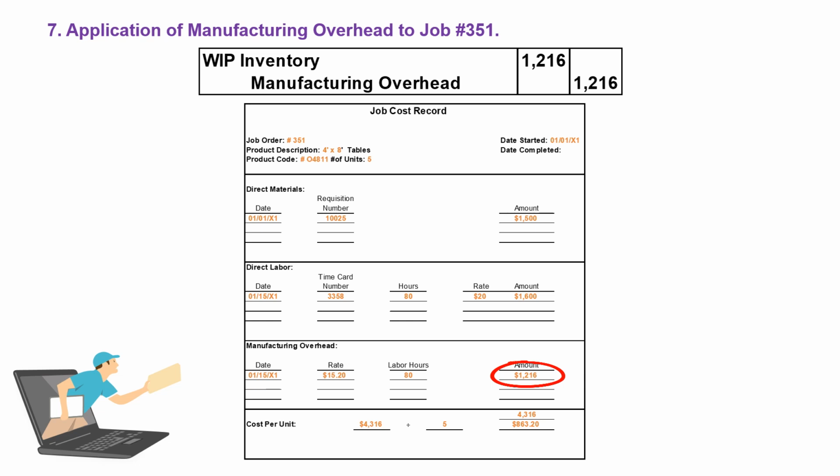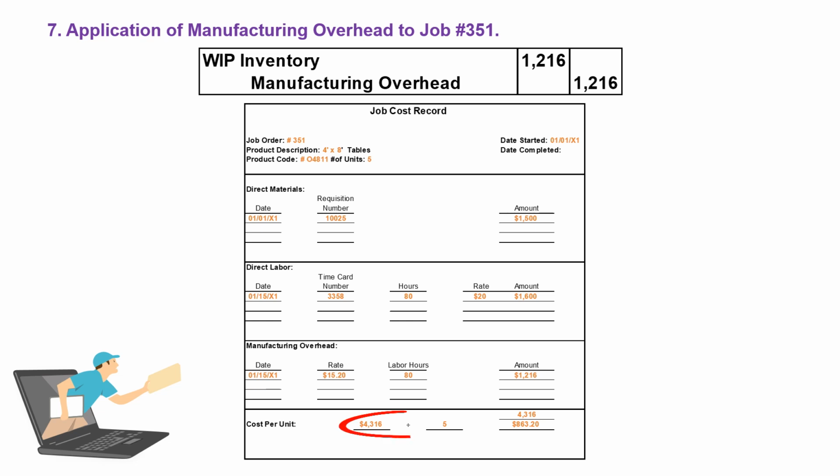Part of the utilities, depreciation, sandpaper, etc., were included as part of the cost of these 5 oak tables. And so now we know all of our costs, or at least we know our materials and labor, and we've estimated how much overhead cost we think was associated with making these oak tables. The total cost is $4,316. How many oak tables did we produce? We made 5.